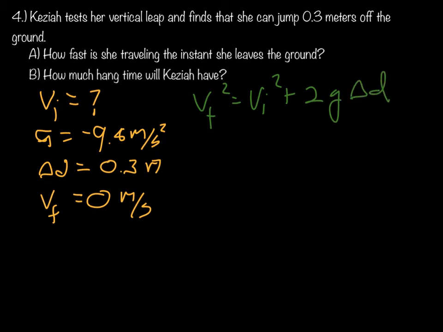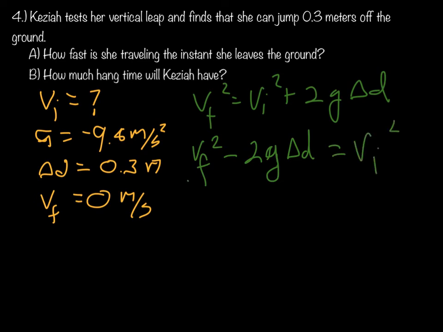Now we're going to solve this equation for Vi, so I'm going to subtract 2a delta d from both sides, and my a is little g, and that's going to equal Vi squared.